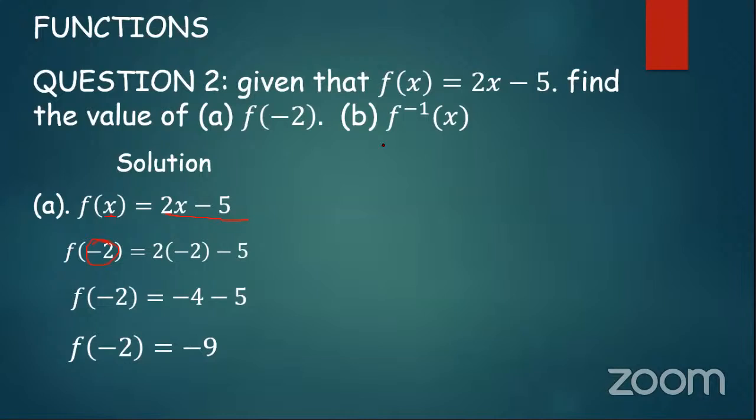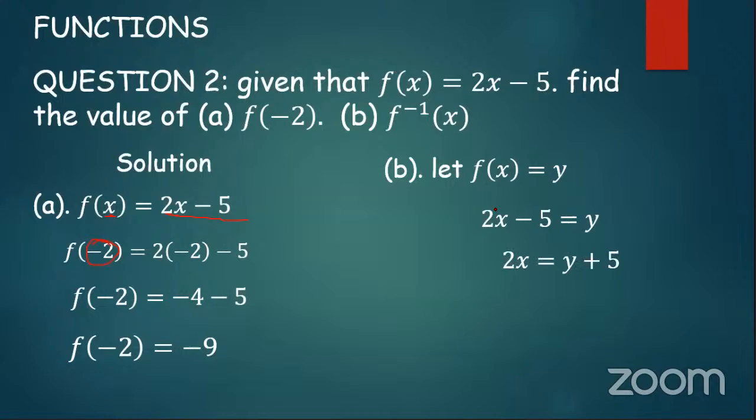Okay, let's go through that. We are beginning by letting f(x), our function, be y, as our friend suggested it can be A. You can use any letter that you feel comfortable with. So our 2x minus 5 is equal to y, and then we cross the 5 to the other side and it becomes a plus. So 2x is going to be y plus 5.